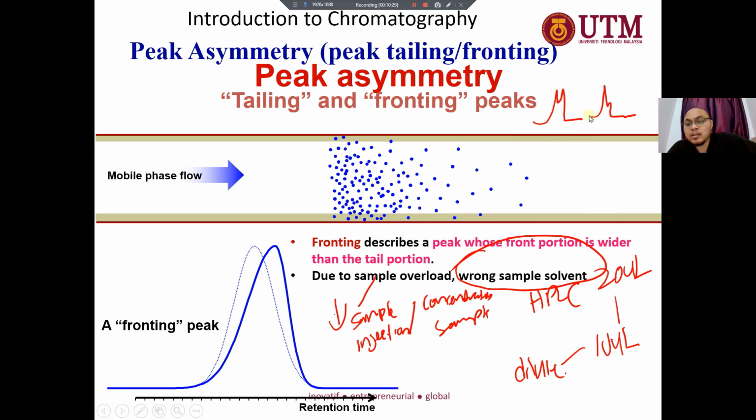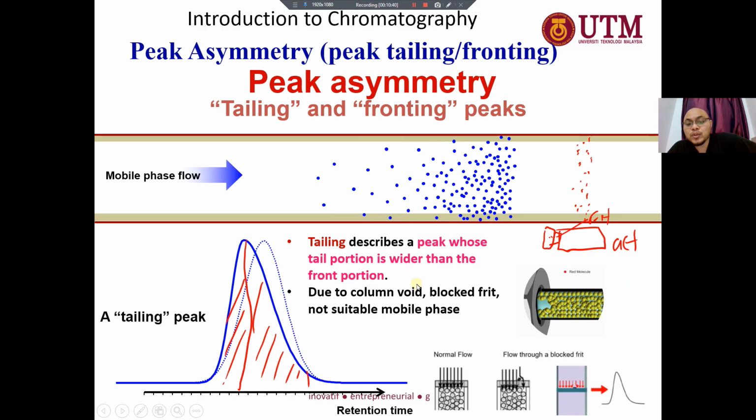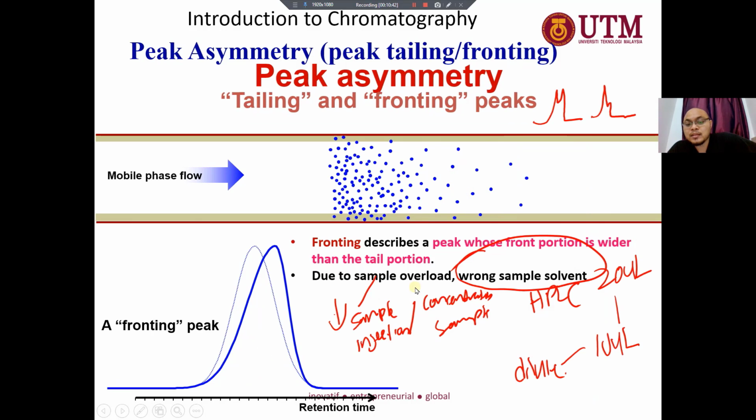If the split peak or the bouldering peak happens, it will not be caused by sample overload, but it can happen by wrong sample solvent or dead volume. Dead volume or a blocked curve frit will cause the split peak or bouldering peak, or wrong sample solvent.